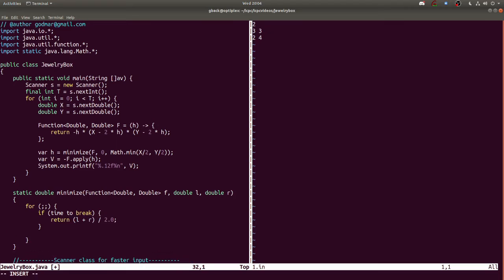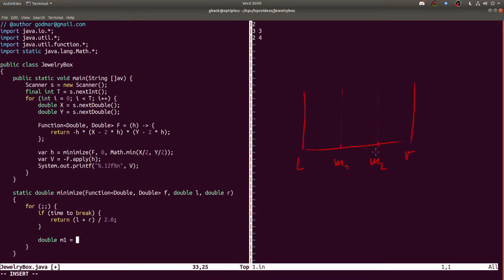Okay, so if it's not time to return, now we need to find those 2 points, M1 and M2. Okay, so let me show this here. So this is the function, this is L, this is R, and we need to find these points M1 and M2 that represent these thirds.